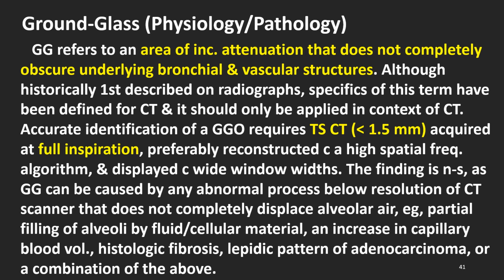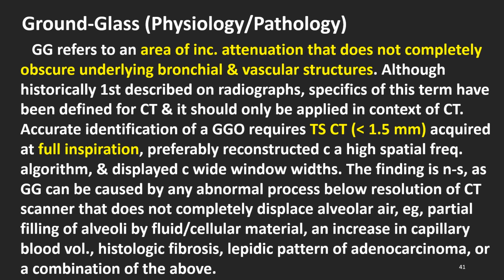Accurate identification of a ground glass opacity requires thin section CT less than 1.5 mm acquired at full inspiration, preferably reconstructed with a high spatial frequency algorithm and displayed with wide window width.